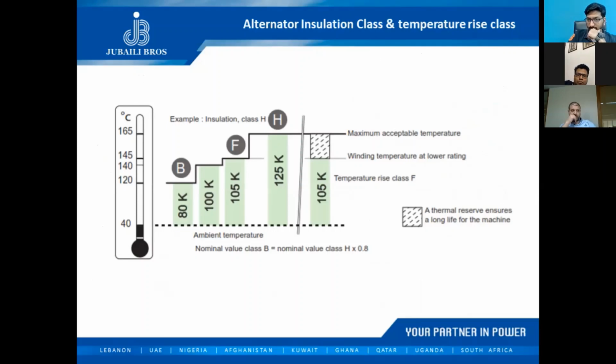Let's go back to alternator insulation class and temperature rise. Now, as you all know, alternators are made up of stators and rotors, which are made up of copper windings. Now, these copper windings are insulated. Okay, typically they are insulated with resin. They are impregnated with resin.